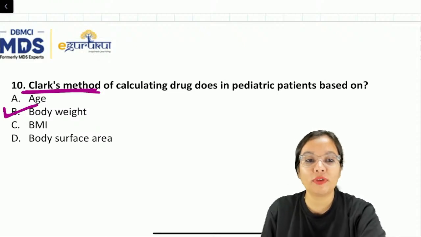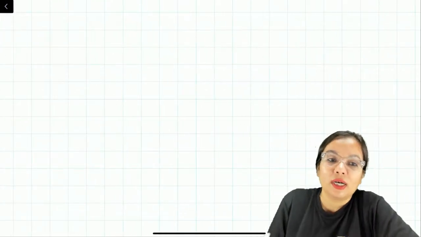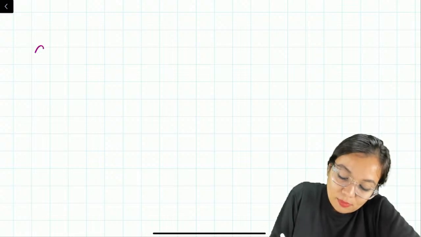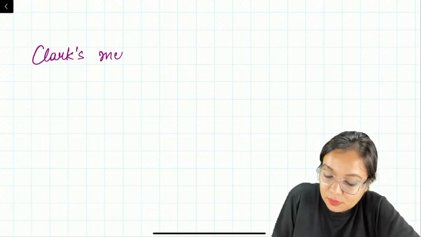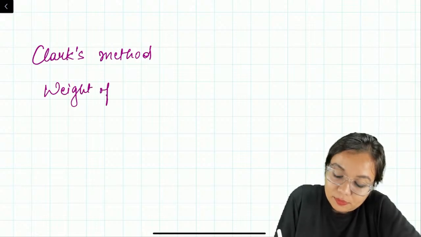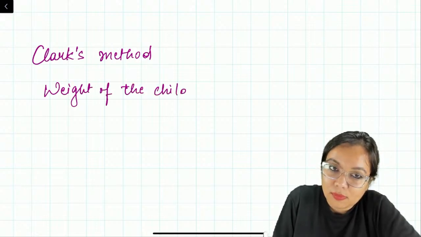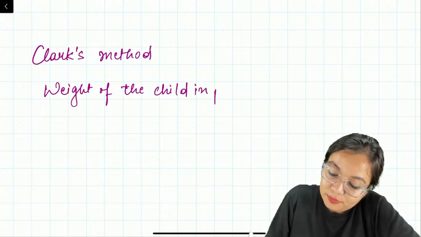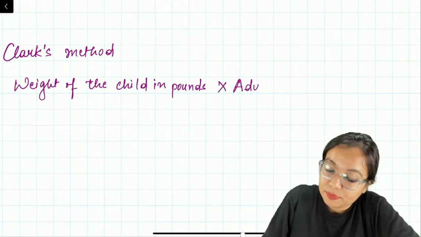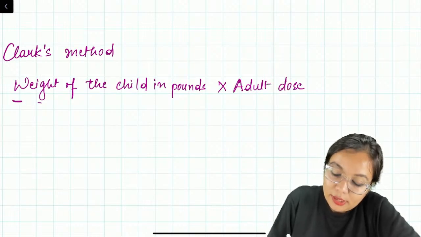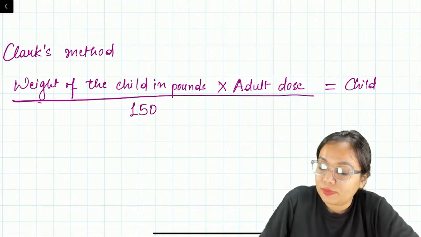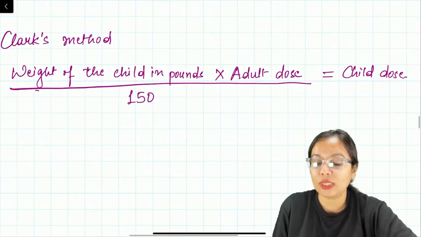The drug dosage by Clark's method is weight of the child in pounds multiplied by adult dose divided by 150 is equal to the child dose. So it is using the body weight.